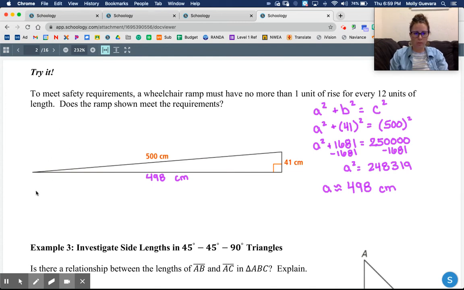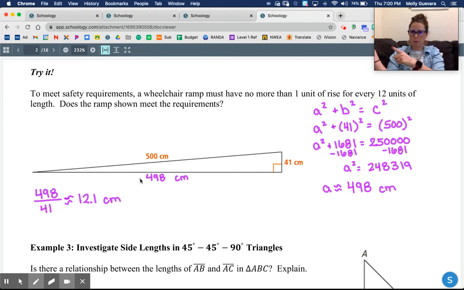So what we're going to do is take the length of the ramp and divide it by the height. This will tell us how long each increase of 1 is. And I'm going to again use approximates because I'm rounding. I get about 12.1 centimeters. So every 12.1 centimeters, I go up 1 centimeter.